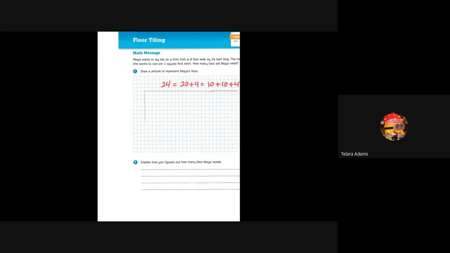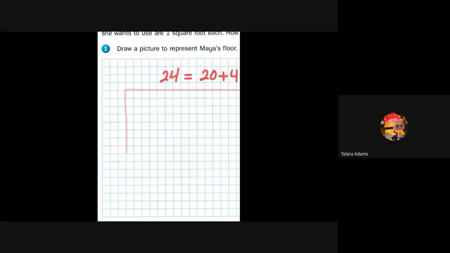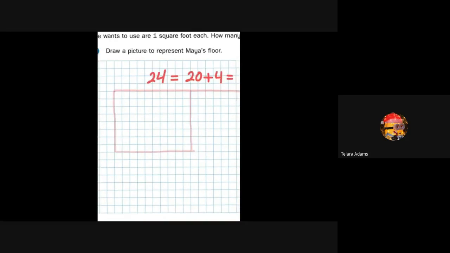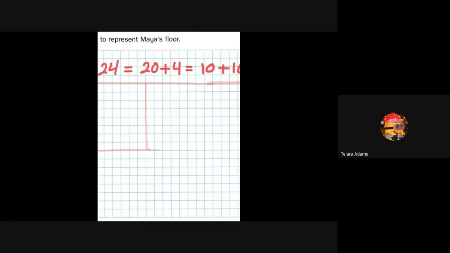So let's try this again. I'm going to make a box that is 8 squares tall by 10 squares wide. 1, 2, 3, 4, 5, 6, 7, 8, 9, 10. There. All right, so that's one group of 10. Let's try another square. 1, 2, 3, 4, 5, 6, 7, 8, 9, 10.